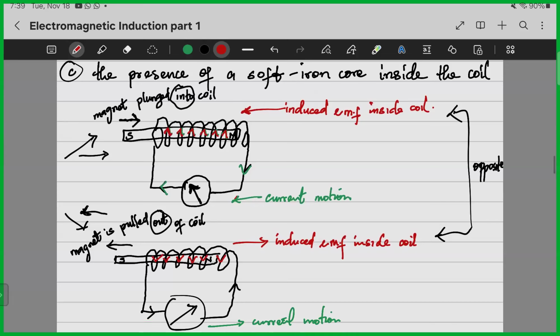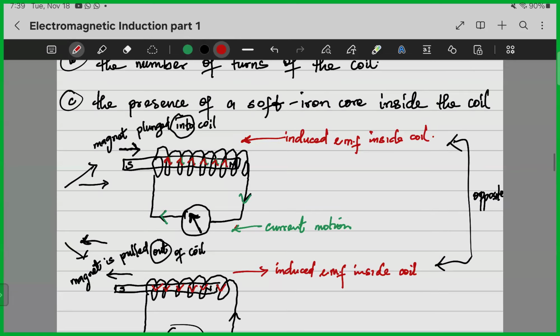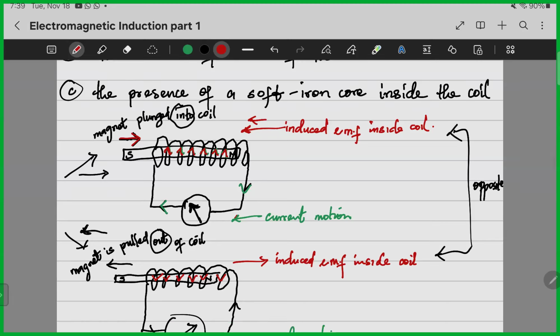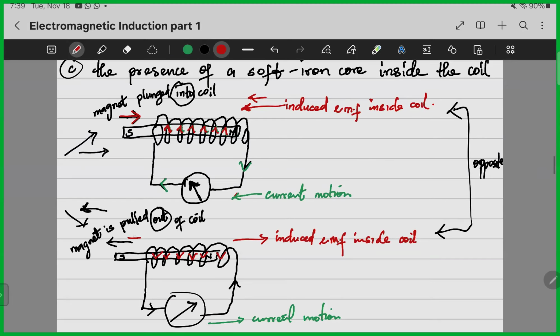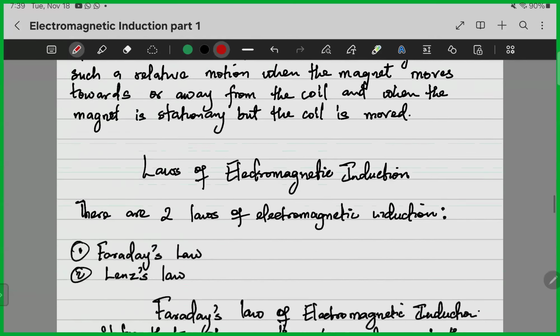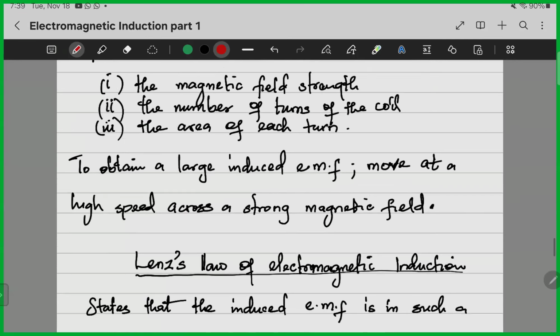First and foremost, see the motion of the magnet is kind of moving like this. See the induced EMF like this. Here, the motion of the magnet is like this, and the induced EMF is like this. So opposite relationship.